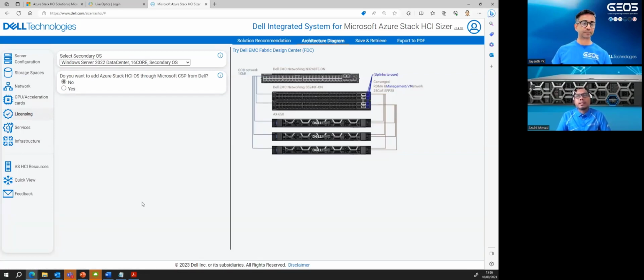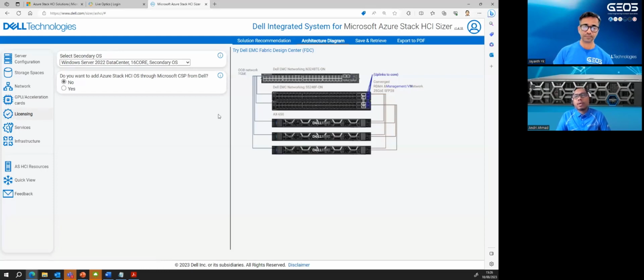Yes, correct. And then comes the licensing part. Azure Stack HCI OS is a subscription-based license. It's $10 per core per month. But now the question is, how would you license your guest VM? So we have an option. If you want, we can provide you with our OEM license.